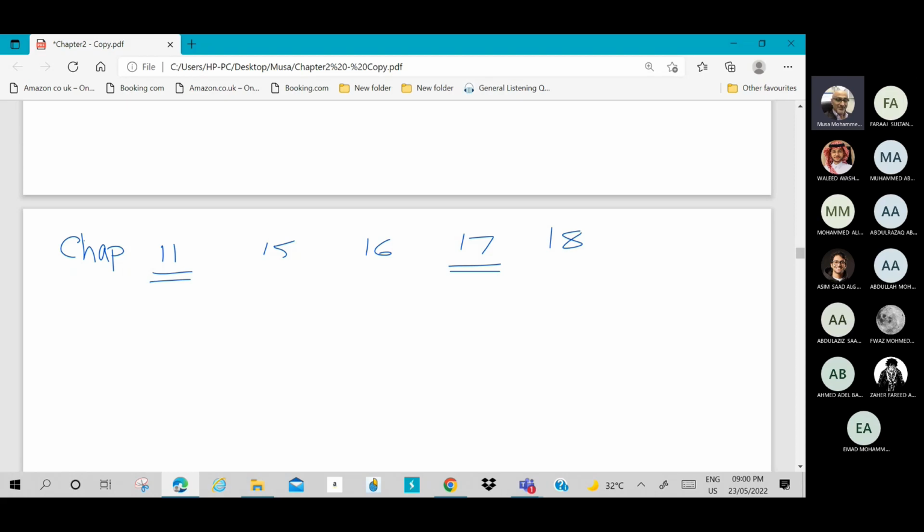Chapter 11 talks about SN1, SN2, E1, E2. And when you go to chapter 17, again, you talk about alcohols. But when you talk about alcohols, you definitely touch on SN2, SN1, E1, E2.